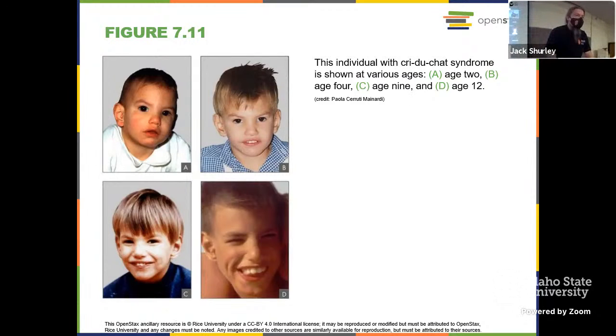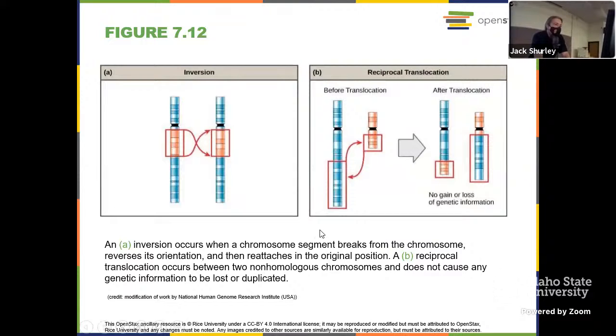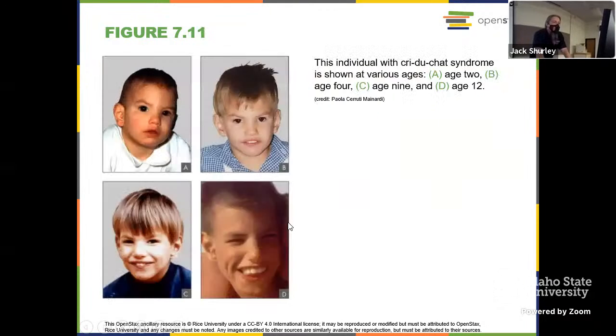I think the next slide maybe shows that. Maybe I misspoke. So we could see this just a time progression from 2 to 12, right, with that individual. And if I recall, life expectancy is pretty short, right? I don't think much past this with these individuals.